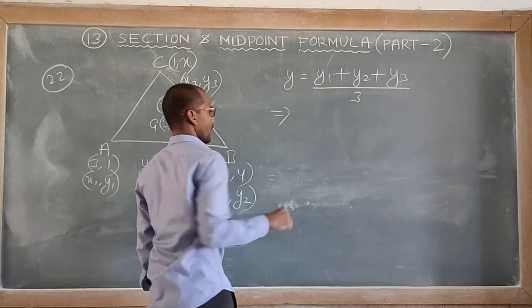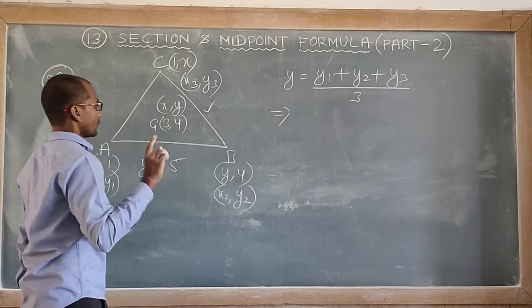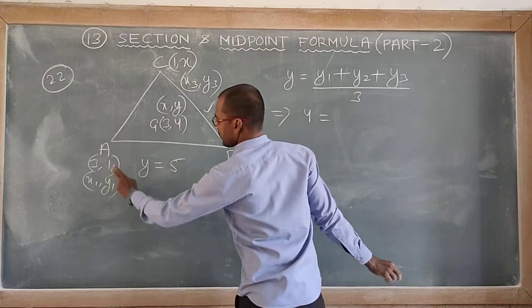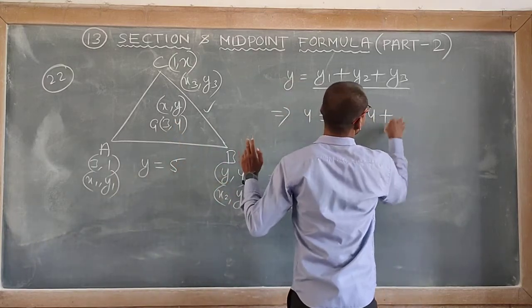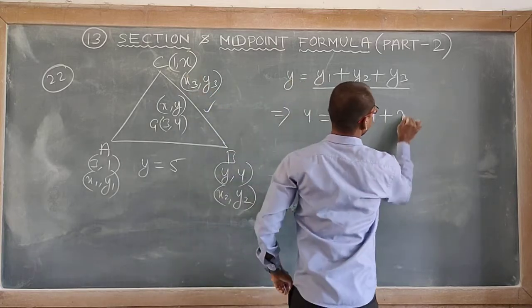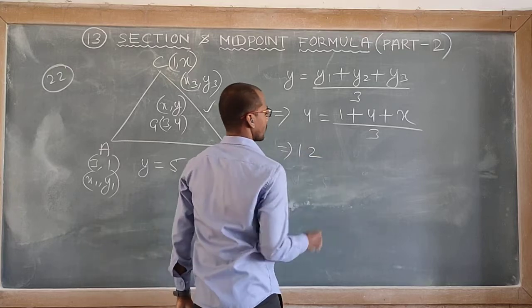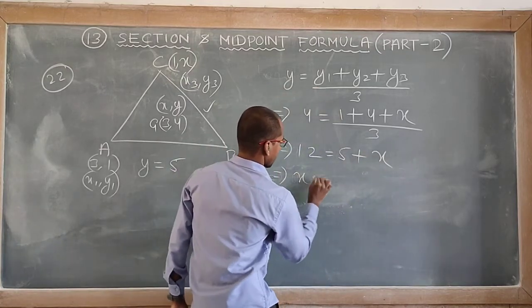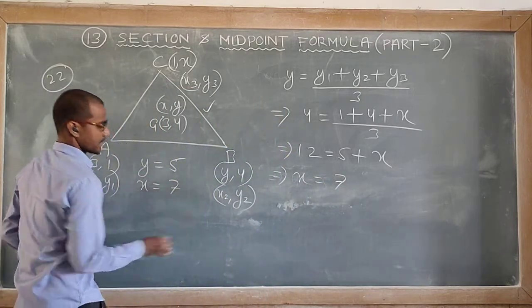This is the formula for centroid I have given in the first part. Y is equal to 4. Y1 is 1. Y2 is 4. Y3 is x, by 3. 12 is equal to 5 plus x. X is equal to 7.